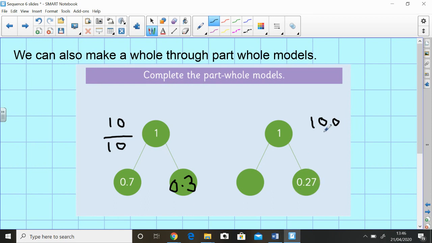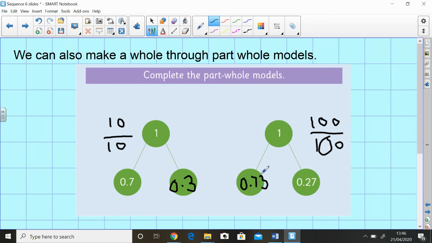That is 27 hundredths. So I know my final answer is 100 hundredths. So what am I going to add to 0.27 to give me 1 whole? I'm going to add 0.73.